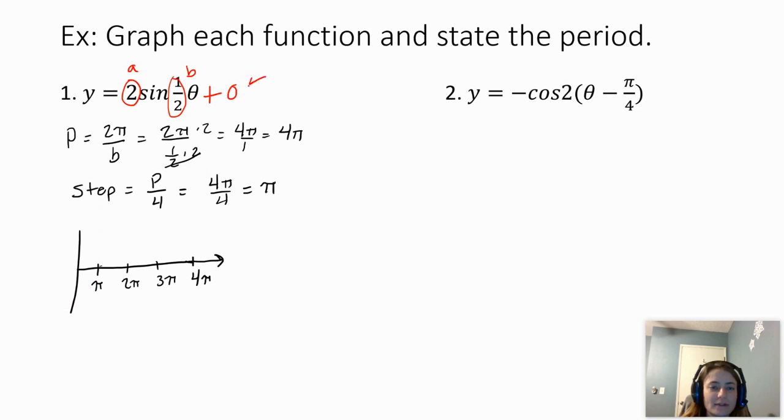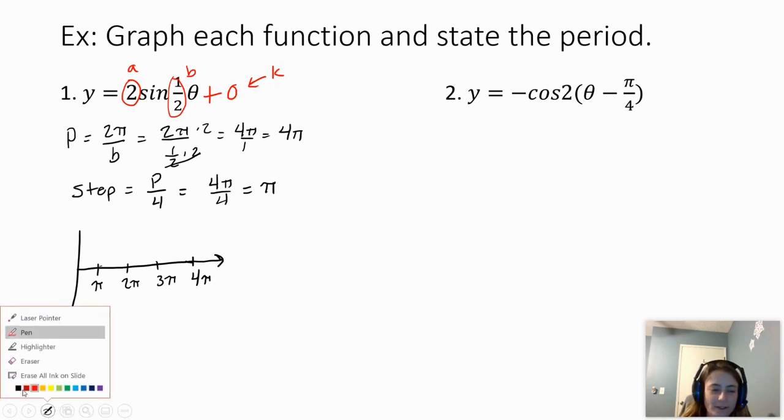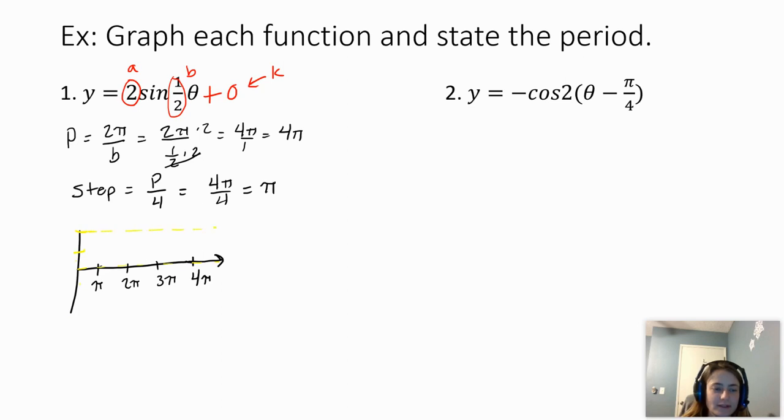Notice plus 0, that's our k value. If we don't see anything added to it, then we're not shifting up or down. Our midline is still going to be at 0. Midline at 0. And then we use our amplitude, which is 2. We know we're going to go up 2 and down 2.